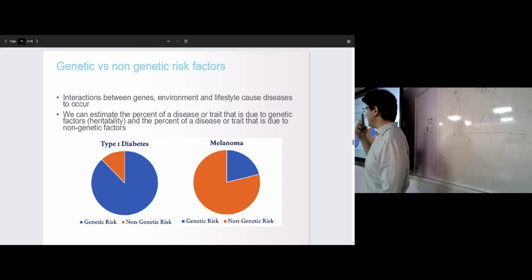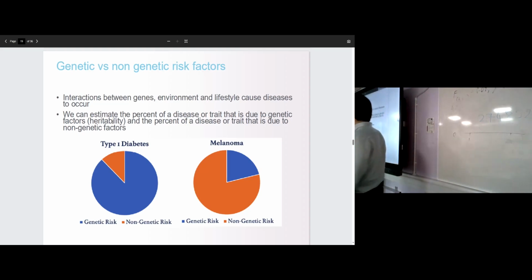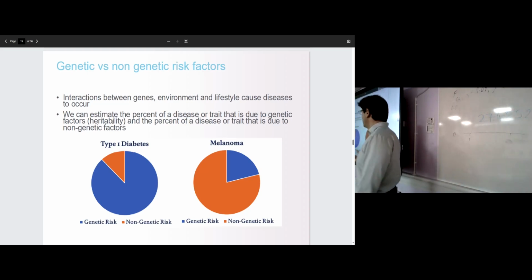The good thing about genetics and genomics is that these variants that we are now able to identify, because we have the map of the human genome, we can then estimate a priori the likelihood of a patient developing a disease, just based on looking at their genome.